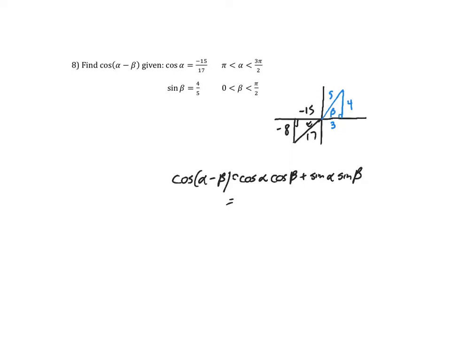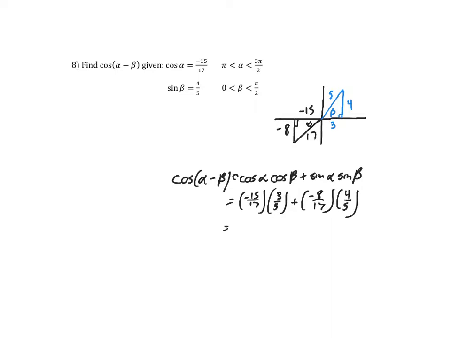So cosine of alpha is negative 15 over 17. Cosine of beta is 3 over 5. Sine of alpha is negative 8 over 17. And sine of beta is 4 over 5. Again, I'm just using the triangles there to figure those out.